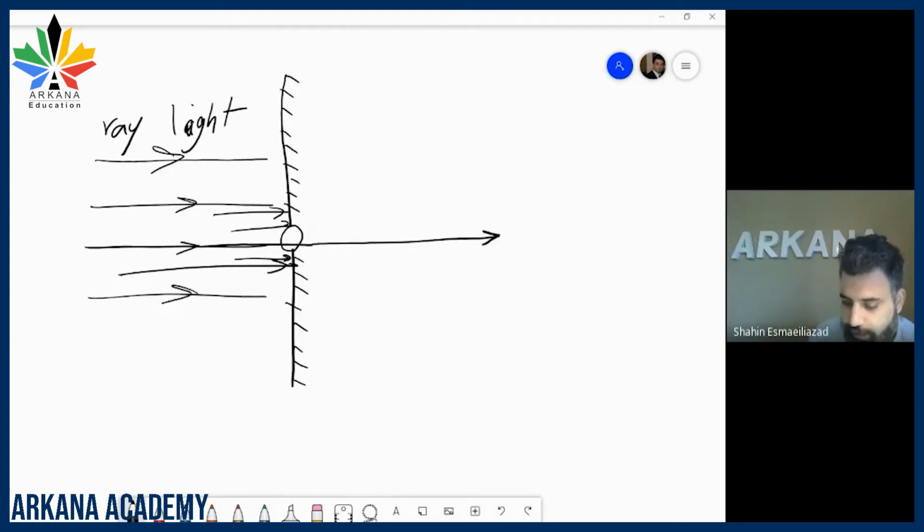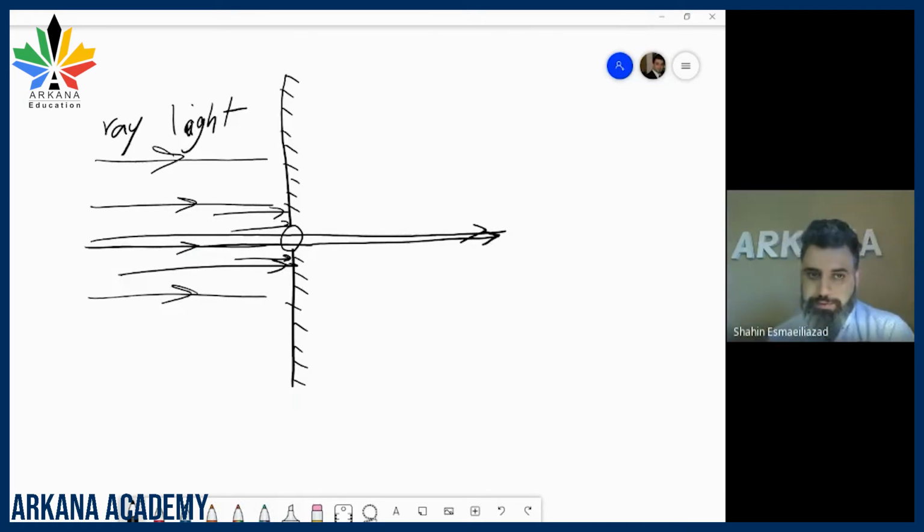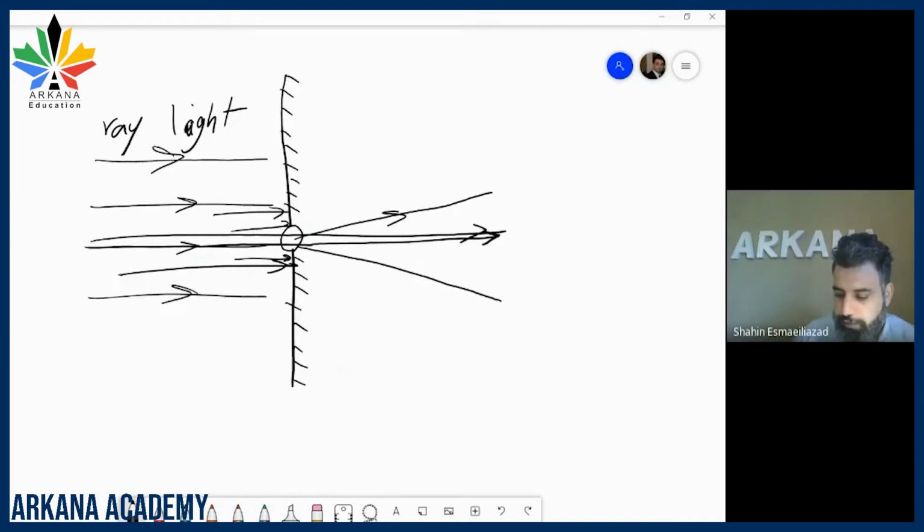Only one light ray or two light rays are going to get to that direction. But when you do this experiment, you realize something interesting: light is not actually traveling in that direction, and it's going to get diffracted.